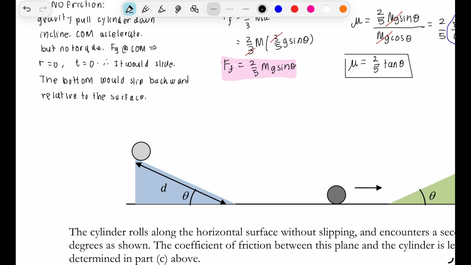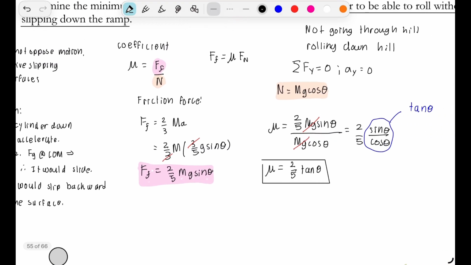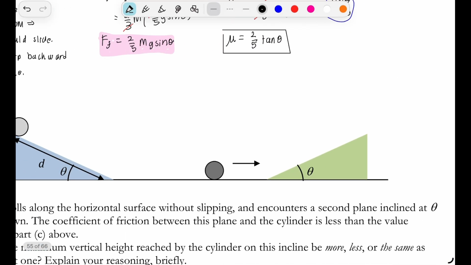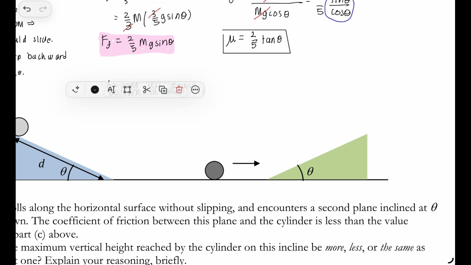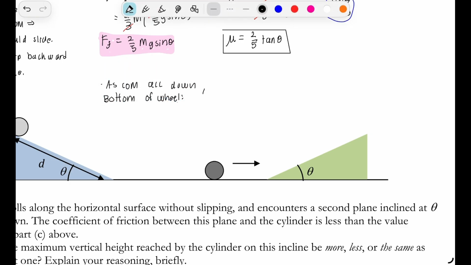Now, what is the bottom of the wheel trying to do? Well, on the bottom of the wheel, as your center of mass accelerates down, the bottom of the wheel wants to slip down the incline relative to the surface.